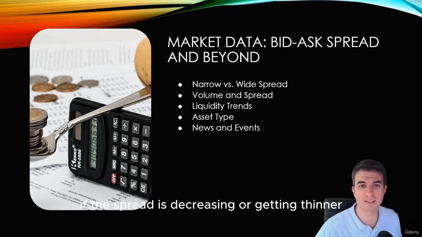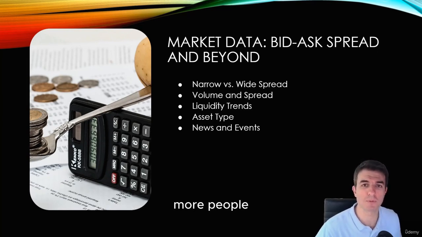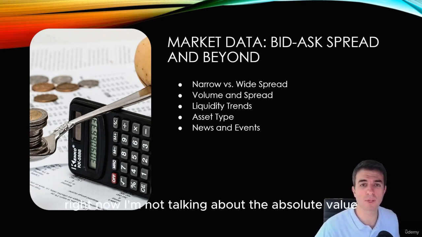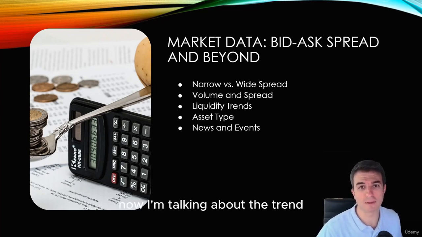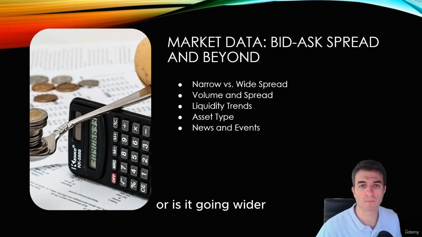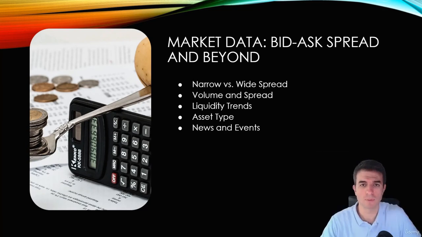If the spread is getting thinner, it means that the liquidity is increasing, meaning more people are entering trades, more people are putting more money into the market right now. So I'm not talking about the absolute value of the spread, we already mentioned this. I'm talking about the trend of how it's changing through time. Is it getting thinner or is it going wider? And we can extrapolate this to forecast what's going to happen in the next couple of hours.